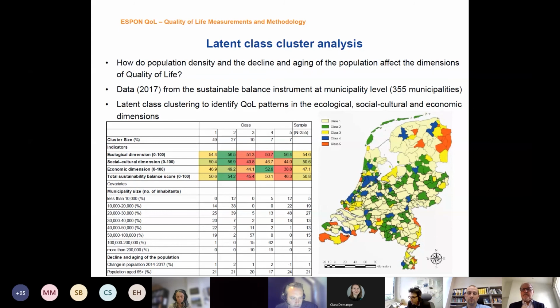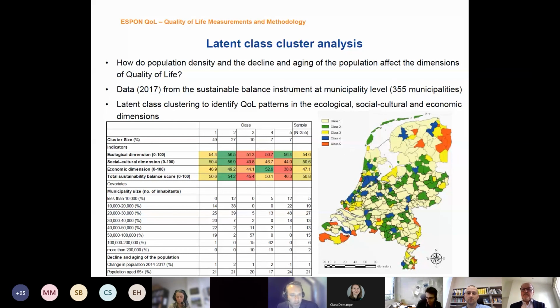And then the fifth cluster is most interesting because those are mainly the shrinkage regions, so to say, where the population actually declines. And there you see that it puts most pressure on the economic dimension. So the ecological dimension is actually quite good for these regions, but in terms of job availability, those kinds of things, these regions perform really poorly.